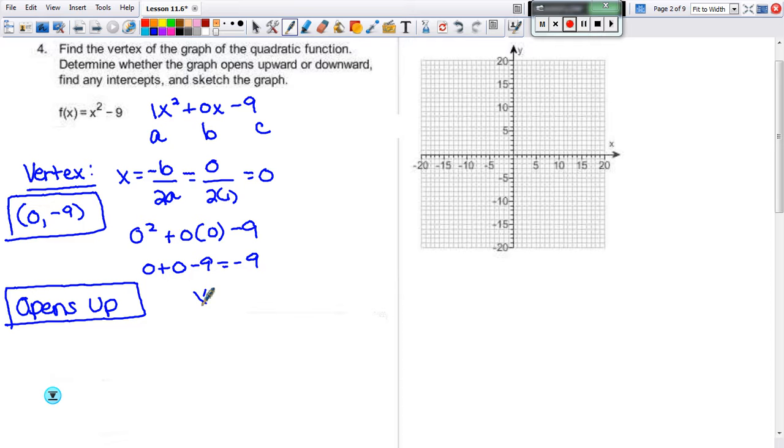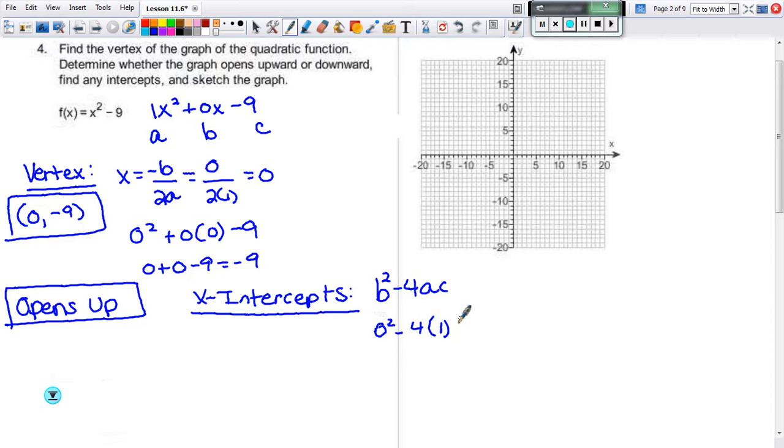The x-intercepts: check it against the discriminant first, which is b squared minus 4ac. So I get 0 squared minus 4 times 1 times negative 9. Everything else gets multiplied together.